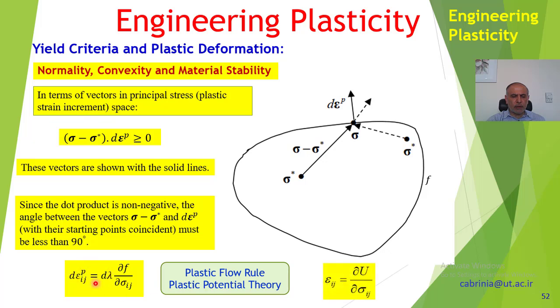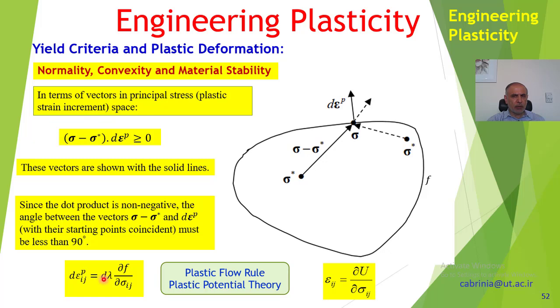We can show this normality condition with this equation: d epsilon ij p is equal to d lambda partial f to partial sigma ij. Here we have shown it with tensor notation. It's the same as this vector notation, it doesn't make any difference. This d lambda is an instantaneous constant, and because we have here an incremental strain, it means that it changes instantaneously.